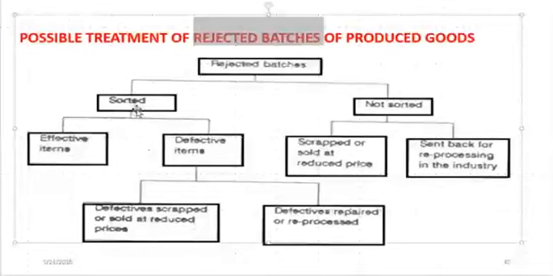The sorted ones, they are categorized into two, because in the process of sorting you can find some that are not faulty at all, we call them effective items, and you can find those that are faulty, which are the defective items. And these defectives also, they have two types of conditions that may happen to them. One, they can be scrapped or sold at a reduced price, and they can be repaired or reprocessed depending on the situation they are in.